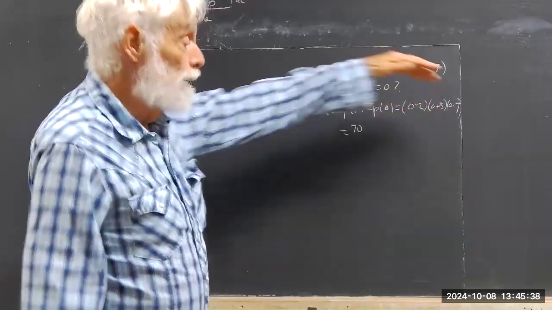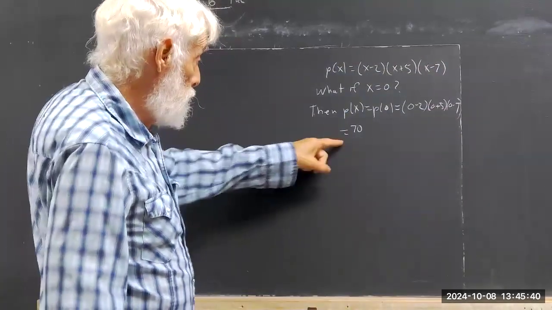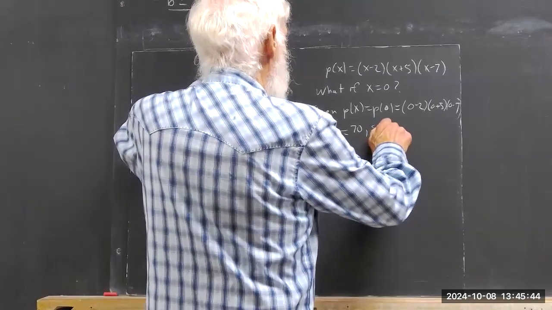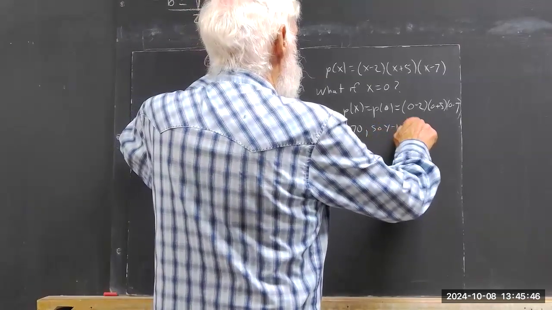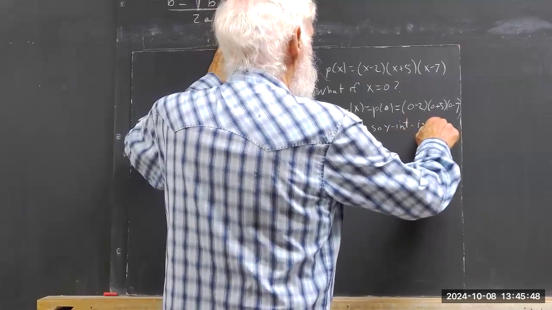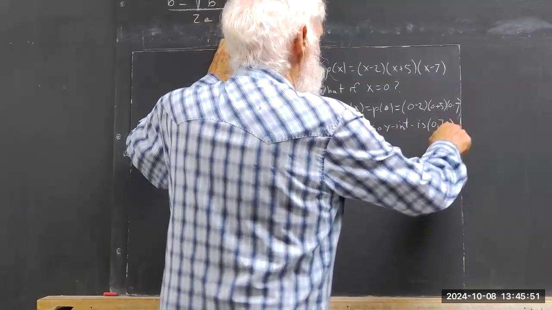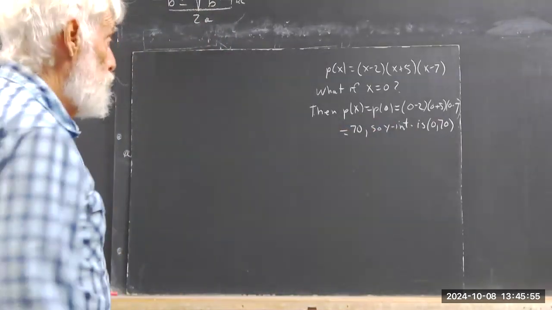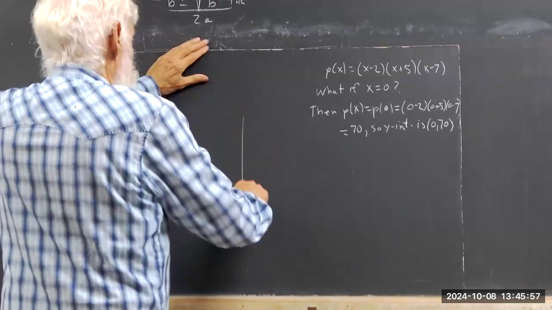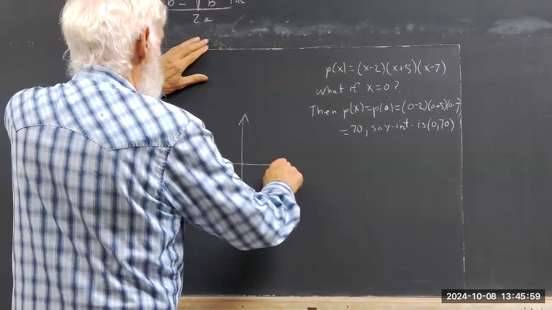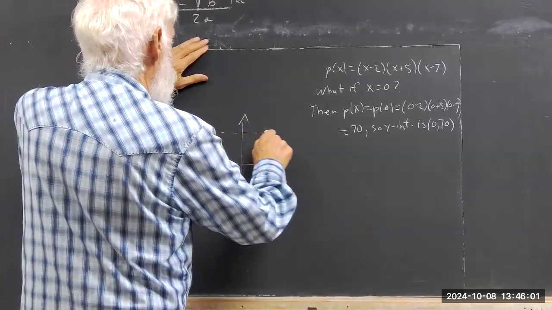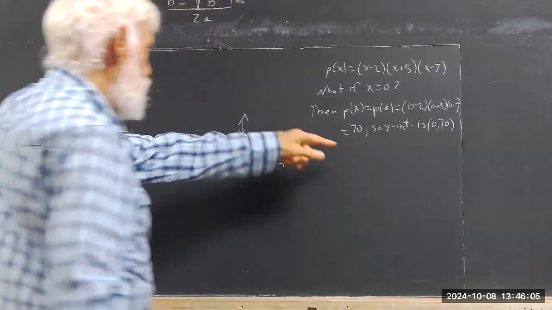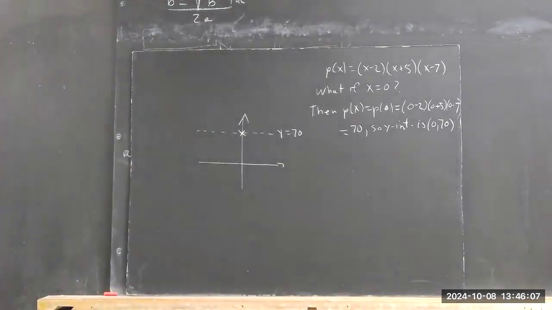And we want something that will give us 0. But if we put in 0, then you know the point (0, 70) is on the graph, right? So we can already start making the graph for this. Here's your y equals 70 line, and there's the point on the graph.